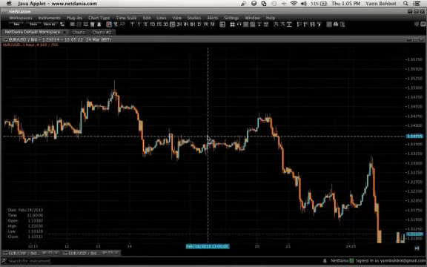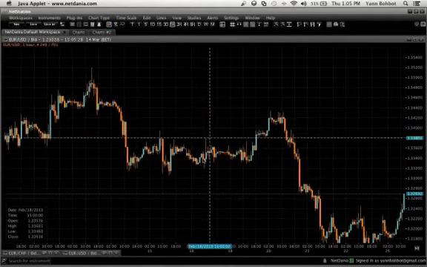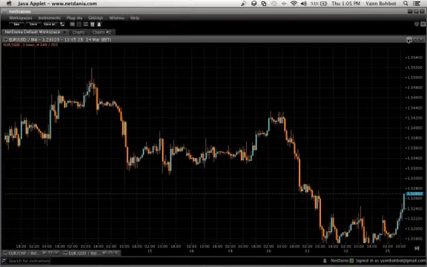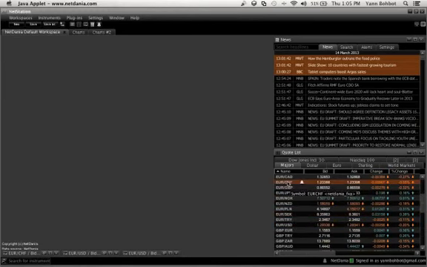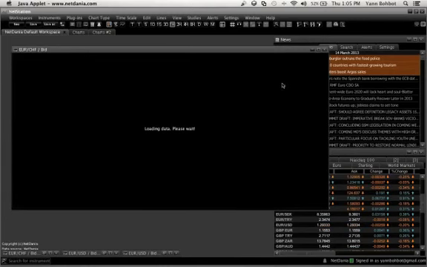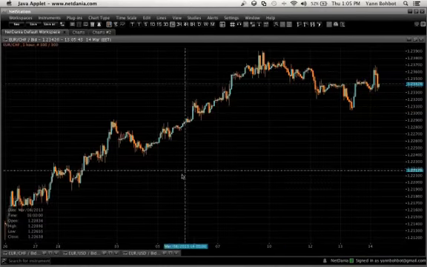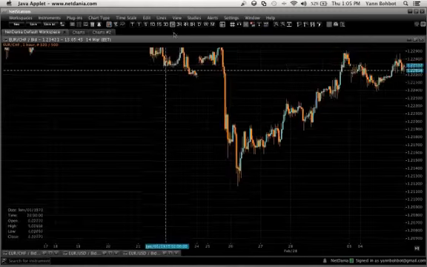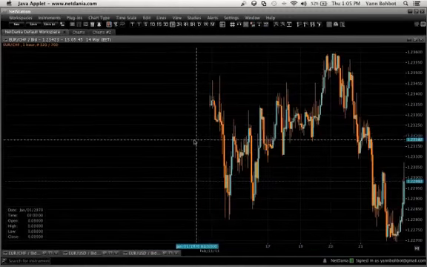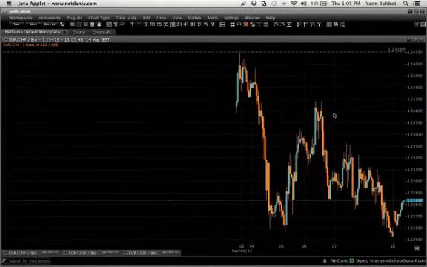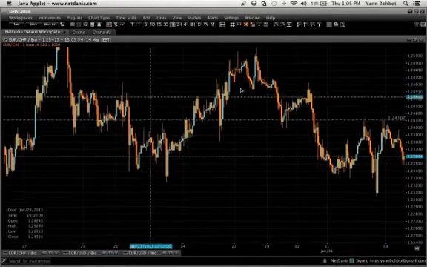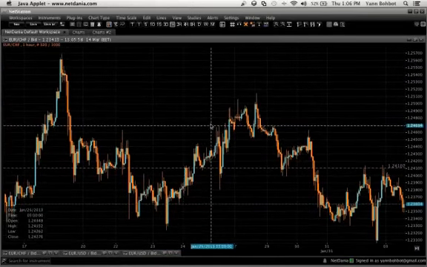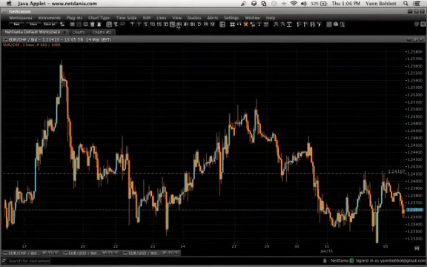Or even better, I prefer opening up our famous Euro CHF, just to give you an idea of how we need to analyze this TBB, the tight Bollinger Band strategy.